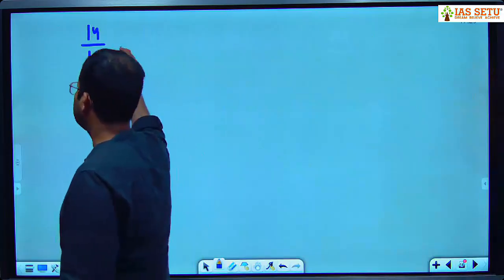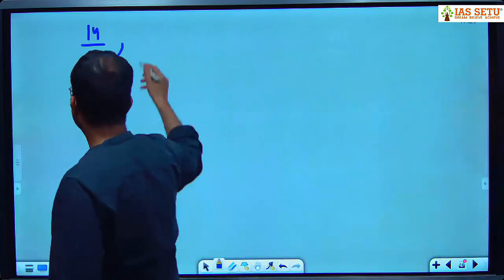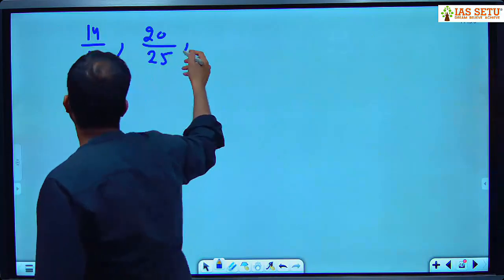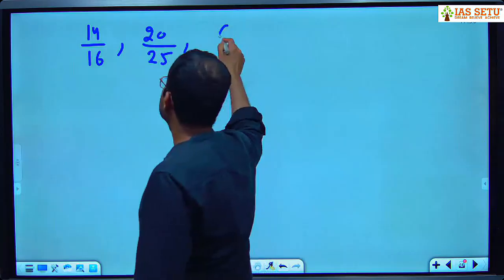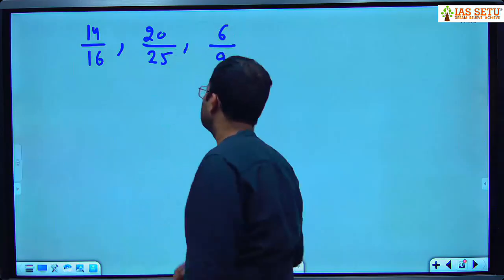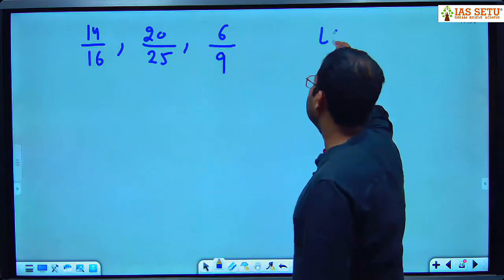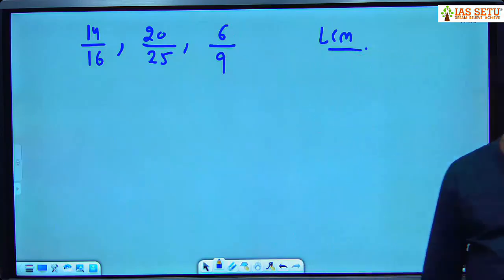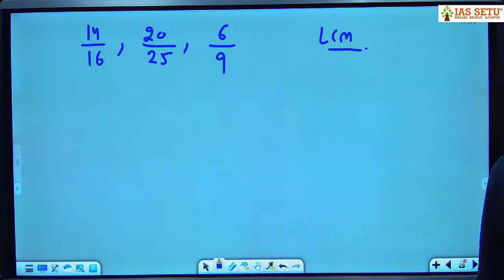Take your time. 14 upon 16, 20 upon 25, 6 upon 9. Find LCM of the given fraction. Take your time.